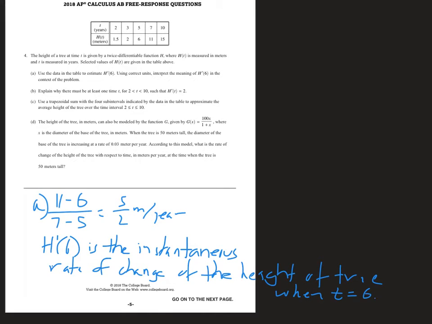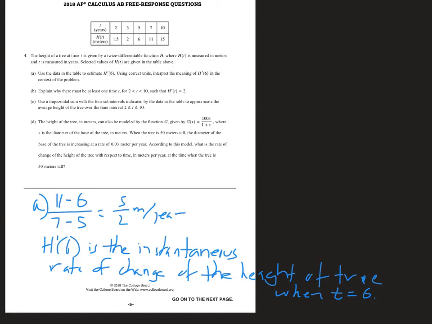It's important that we have that when t equals 6. We've already said that it's instantaneous, but we want to make sure we're clear that this is the instant we're talking about. That's always important to have when you're interpreting any sort of derivative, is the time that it happens at.